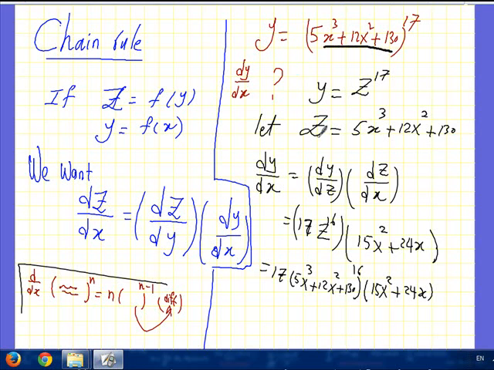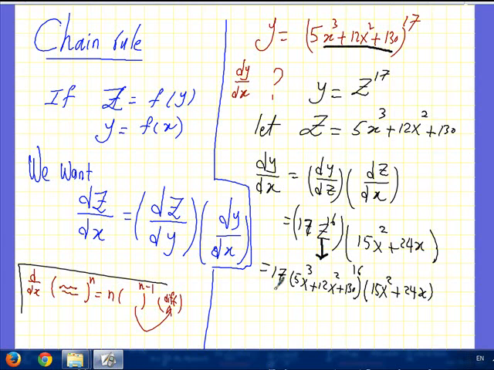So dy by dx will be as follows: dy by dz multiplied by dz by dx. So it will be 17z to the power 16 multiplied by the derivative of z, which will be 15x squared plus 24x.